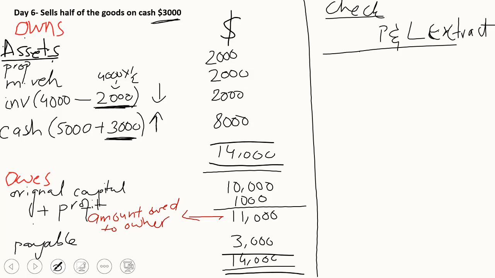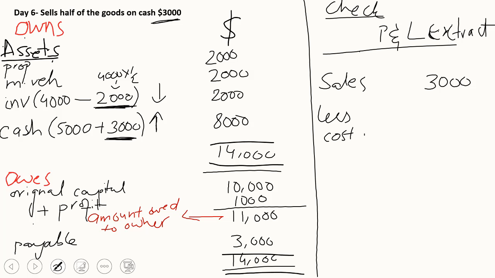Okay, profit and loss extract. Sales, how much was it? Remember I told you we will record the sales on cash or on credit, whatever it is, and in this case it's cash. How much? 3,000. So sales 3,000. And what is less? Cost of sales.